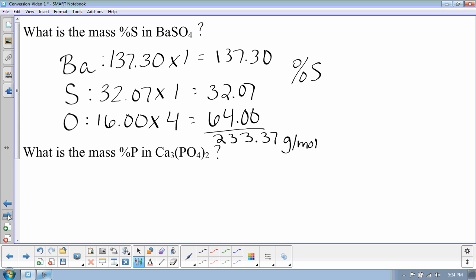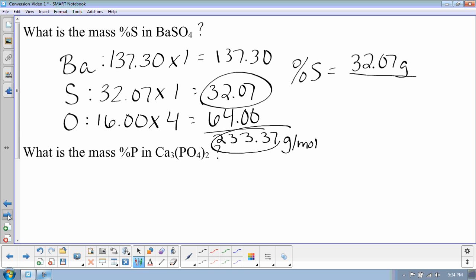So now I'm looking for the percent sulfur. Percent sulfur is equal to whatever the sulfur number is, which in this case is 32.07 grams divided by the total, which we calculated as 233.37 grams times 100%.